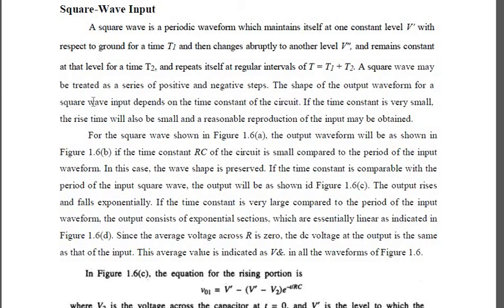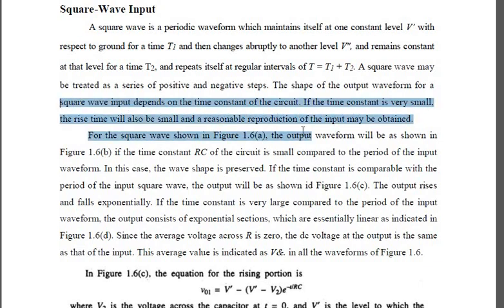So I'll just highlight this one. Please make notes of the points I am highlighting over here. The shape of the output waveform for a square wave input: if you are giving the square wave as the input, the output will be depending upon the time constant of that particular circuit. If the time constant is very small, the rise time will also be very small.